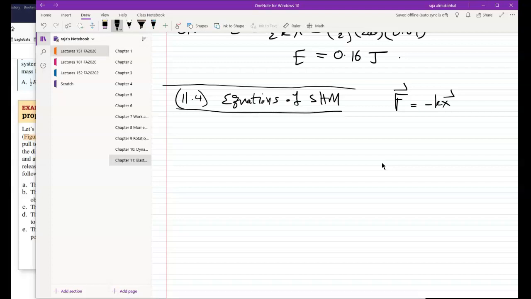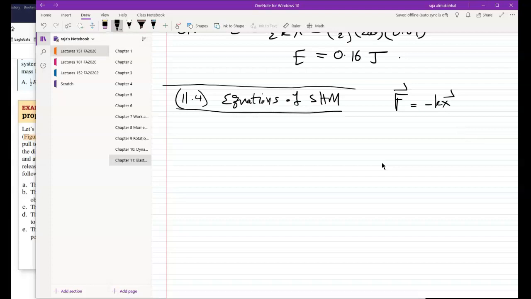Because x here is a linear function, in other words, F is not equal to, say, kx squared or x cubed or 1 over x or whatever. It's basically a function of the linear displacement x, okay? And in that sense, we call it simple, okay? Harmonic means oscillatory, vibratory, or periodic, okay? So the x here, because it's a linear function, in that sense, we call it simple.